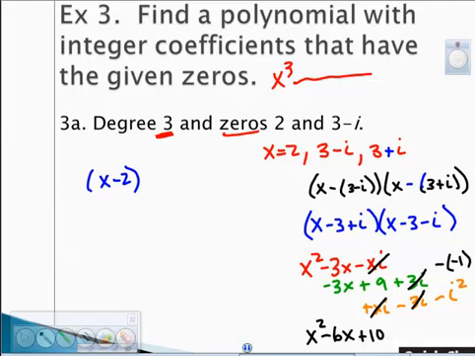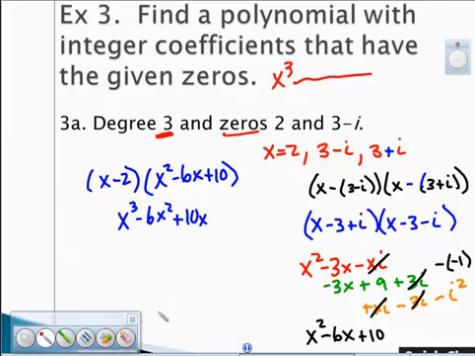All right, so then to add this to the party, I'm going to have x squared minus 6x plus 10, like so. Now I got to multiply this by x minus 2, so this is going to be pretty. All right, so x times each of these is just going to add another x. So I have x cubed minus 6x squared plus 10x.